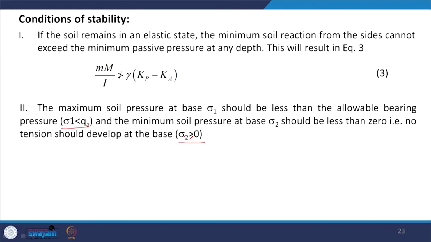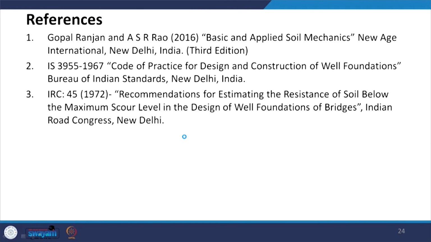So, this was the IRC elastic resistance method, and for this lecture and the last lecture, the references are as follows. A lot of things are given in the book by Professor Ranjan and Rao. Then there is the IS code of practice on the design and construction of well foundations, that is IS 3955 1967, which is also referred.